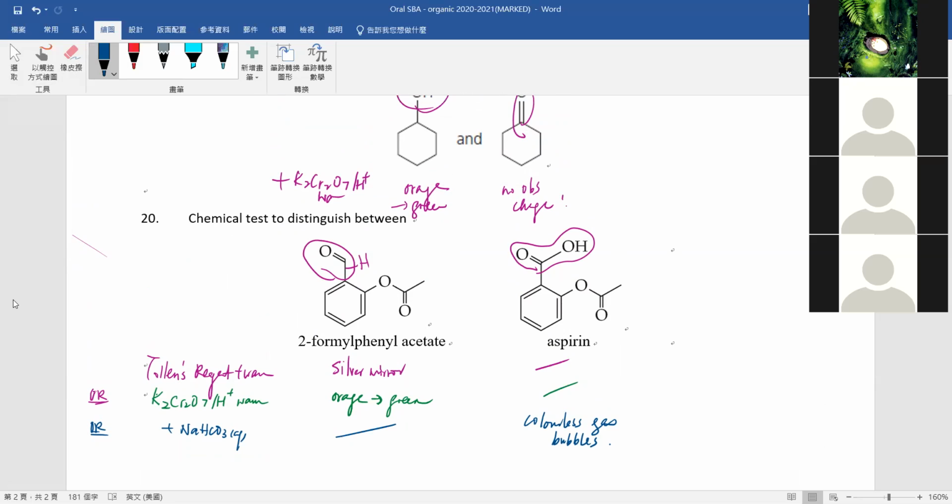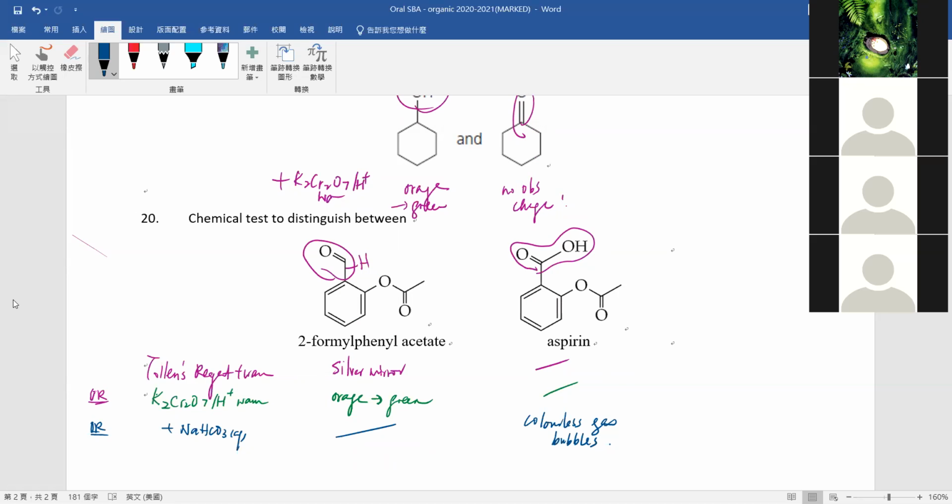First of all, tell me the chemical, then the testing agent, as well as the treatment. It can be warming, and very often warming must be seen with Tollens' reagent. Remember, Tollens' reagent plus warm is a must, otherwise you cannot get any silver mirror.